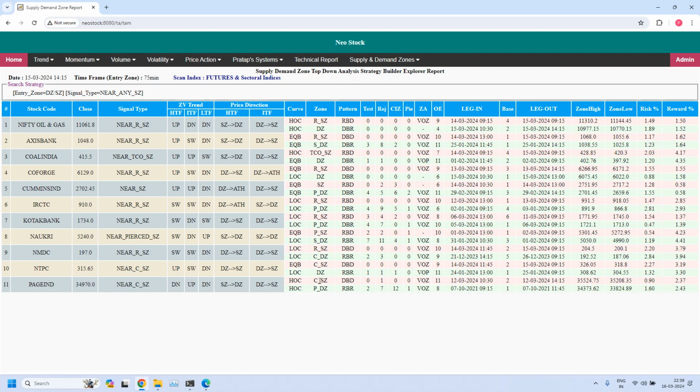And you have one more, Page Industries. This is also a high liquidity supply zone, 75-minute supply zone, and it already has 1 rejection from this zone. So that means you need to identify a fresh fine-tuned 5-minute zone. So these are the different high liquidity supply zones you have identified from the 75 minutes time frame.